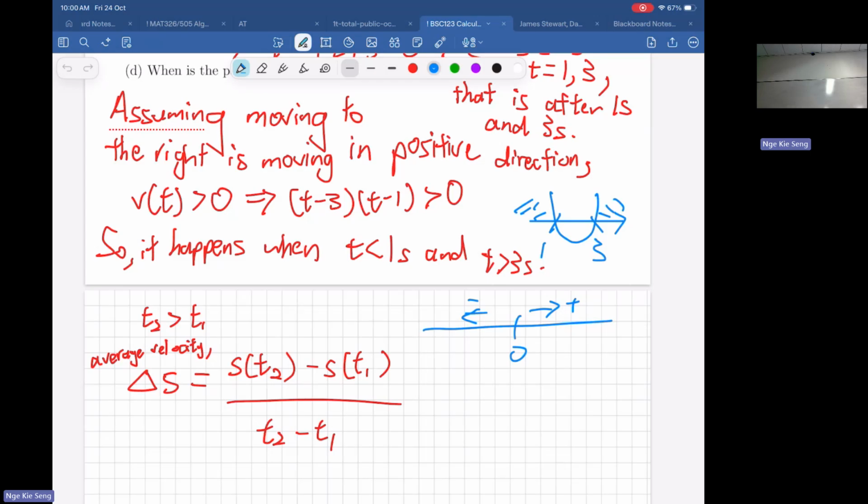We define that the displacement to the right is positive, to the left is negative. So what happens if this difference is positive? It means you move more to the right. If it's negative, then you move more to the left. So this velocity will tell you either you are moving to the left or to the right using sign. Does it make sense?